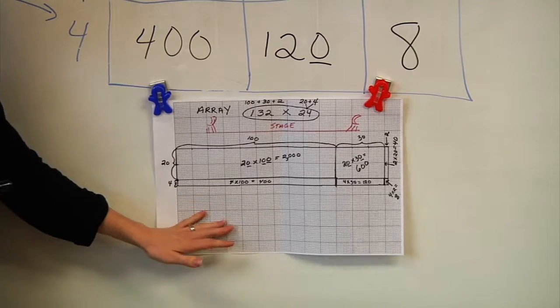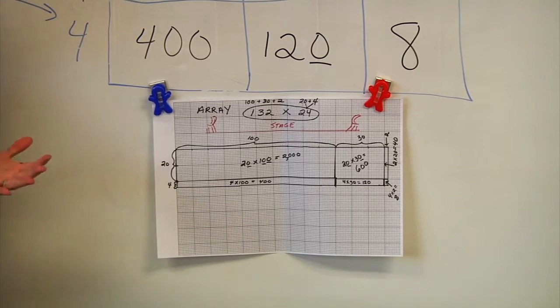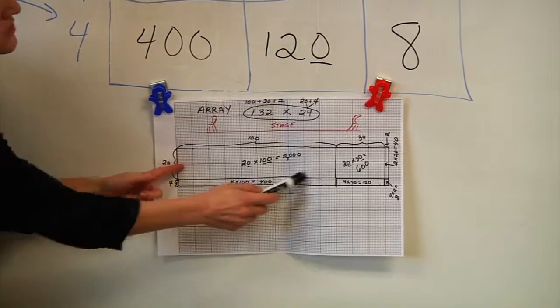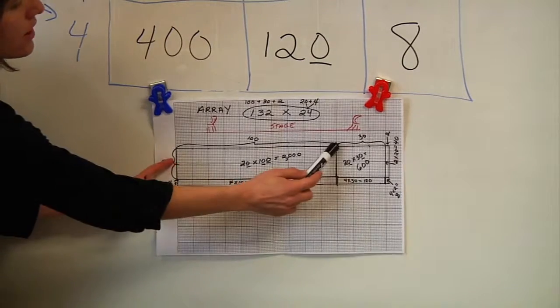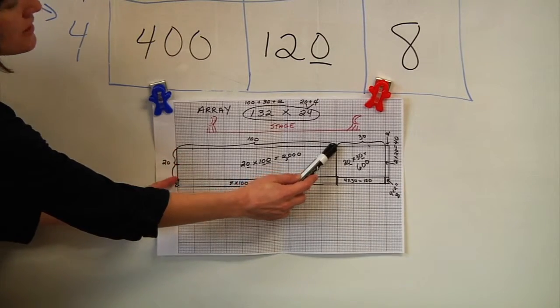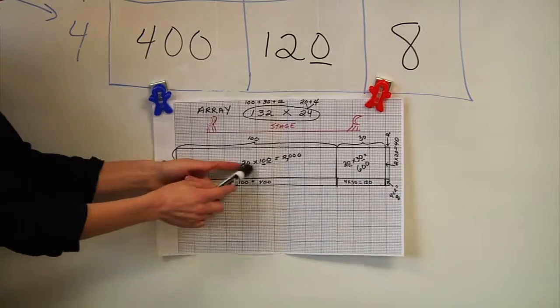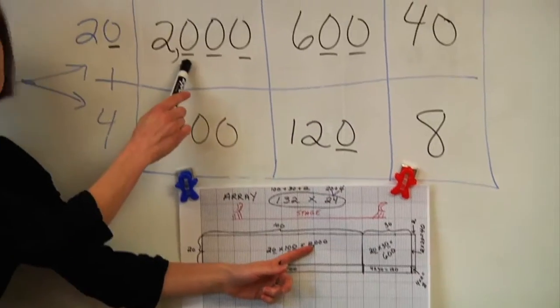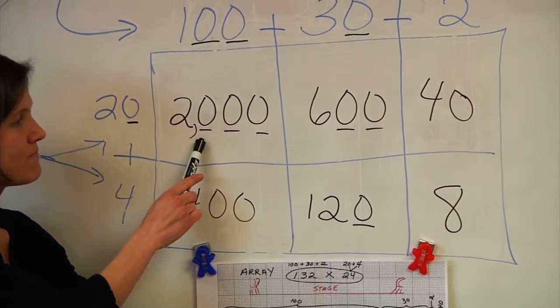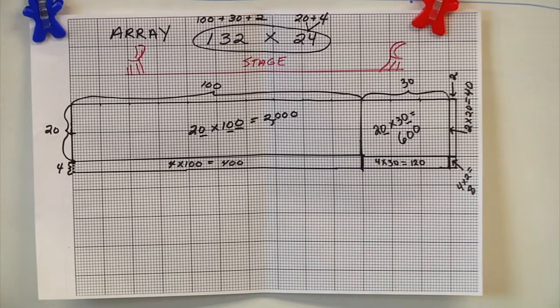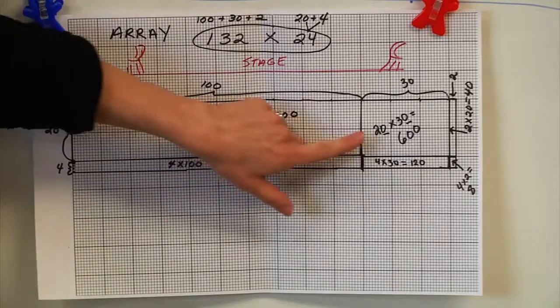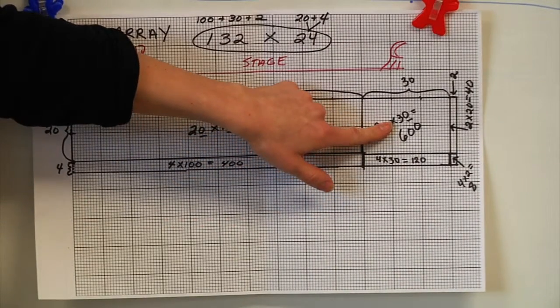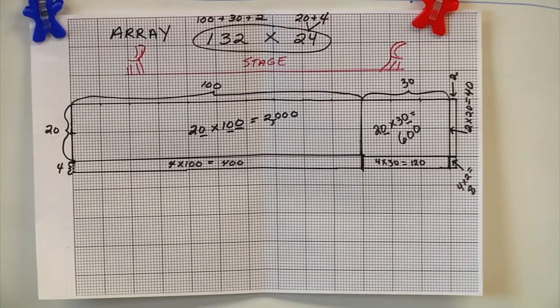We've got our array back up here so that we can see how these things match up. When we drew our row of 100 and we did 20 of those rows of 100, we knew that that ended up with 2,000 total. We can see that 2,000 represented here. Similarly, the 20 rows of 30 gave us 600 total seats.